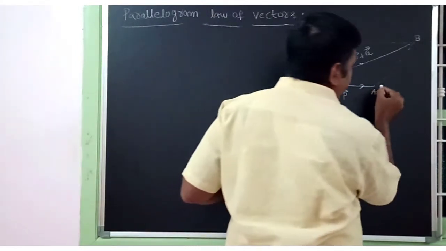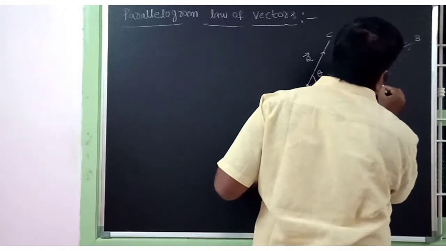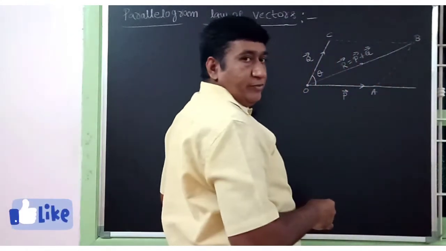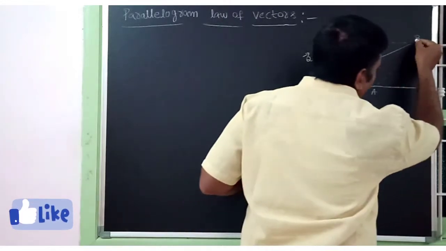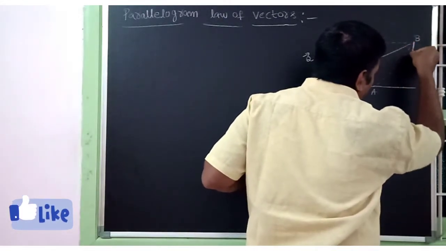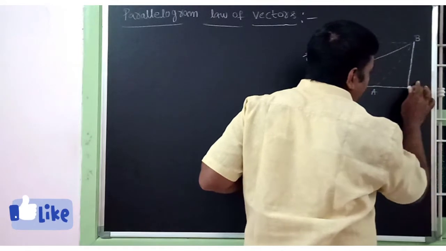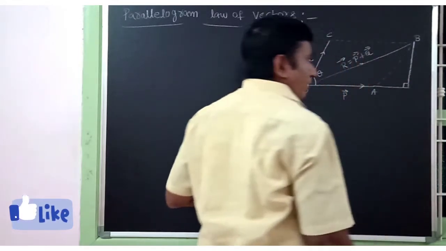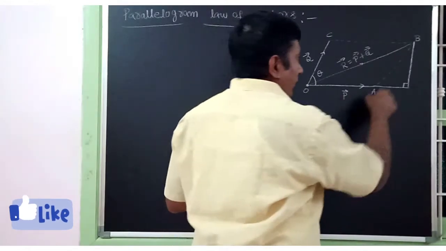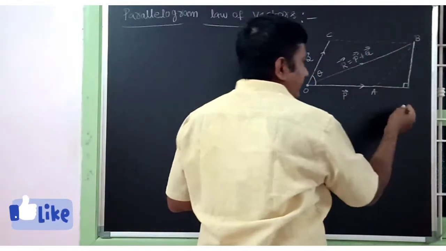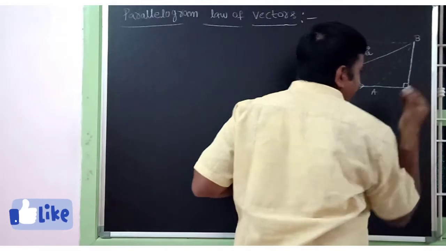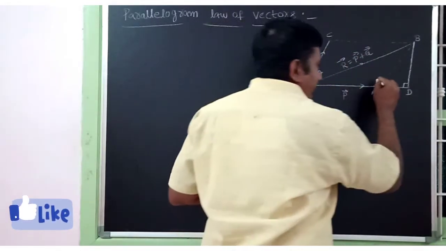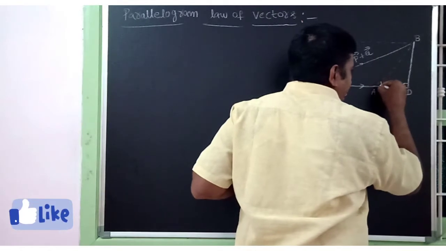If I extend this line up to this point, this is very important, and then draw from point B a perpendicular line like this. This will be the perpendicular. O, A, B, C, I can take this as D. If this makes an angle theta, then this angle is also equal to theta.